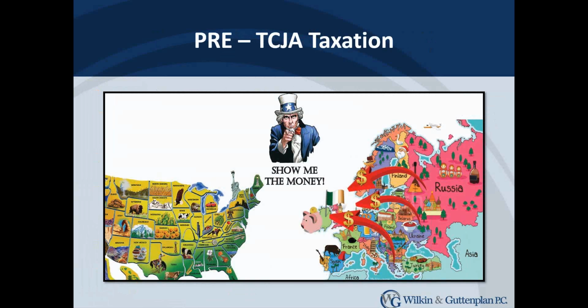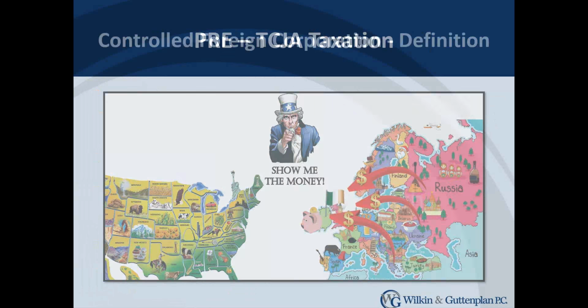Exactly. So the reason we want to talk about the controlled foreign corporation is because it's intertwined with the new law, and it's imperative to understand what this is before we continue on. So what is a controlled foreign corporation? Well, it's kind of exactly what it says. It's a foreign corporation that is controlled.